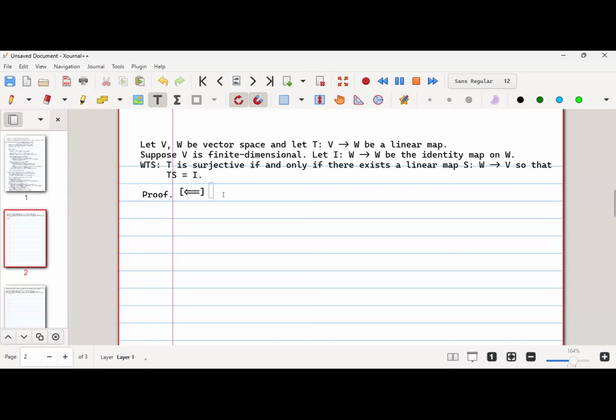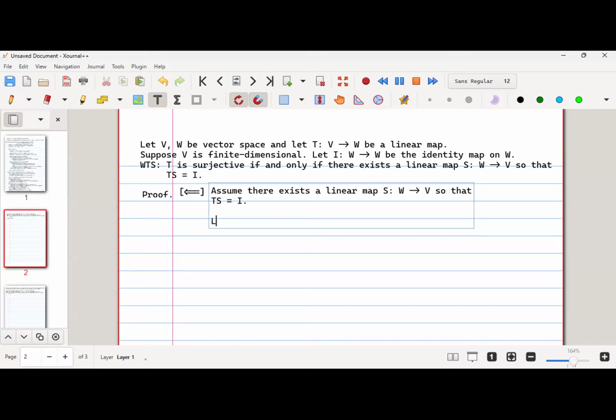So assume there exists a linear map S from W to V so that TS is equal to I. All right, so let's show that T is surjective.